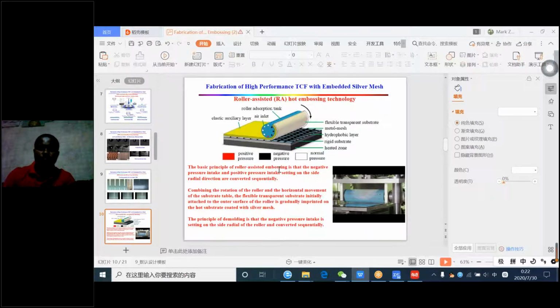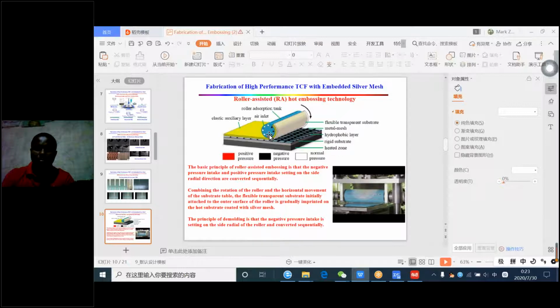The basic principle of roller-assisted embossing is that the negative pressure intake and the positive pressure intake set on the side radial direction are converted sequentially.